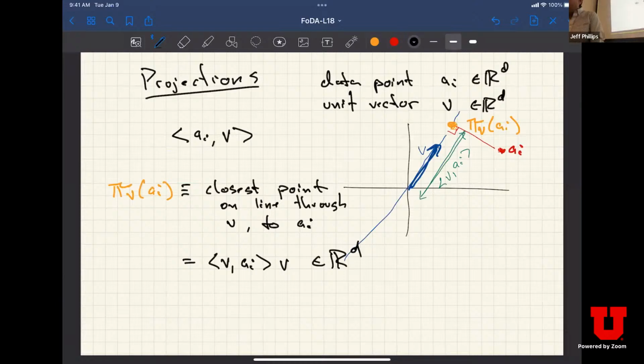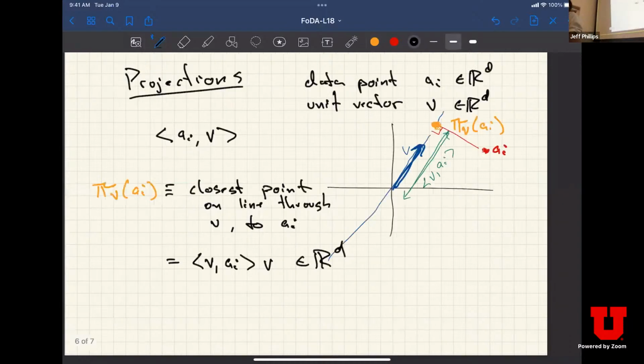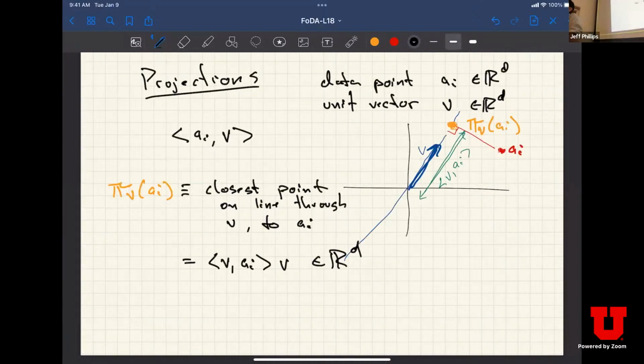So for multi-dimensional projections, we need a subspace B. We want to project onto a subspace. Oh, question. Yep. Right, we're going to project onto this subspace B. And so we want to do something like this, but multi-dimensional.